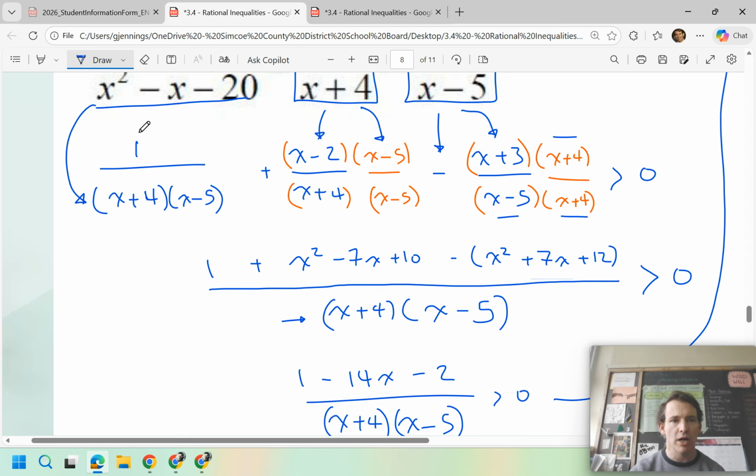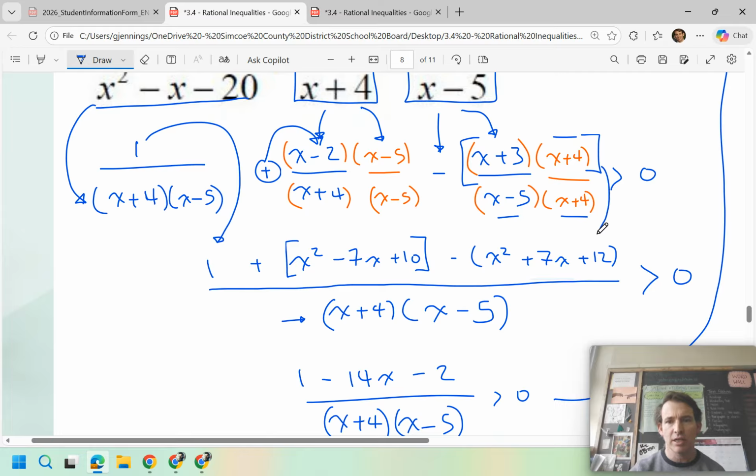So here is 1, comes down here, plus the result of expanding and simplifying that. That's that section there. And then the result of expanding and simplifying this is here. But this is where we crucially need to have brackets because the whole thing wants to be subtracted when that comes down. So there it is. It's in brackets.